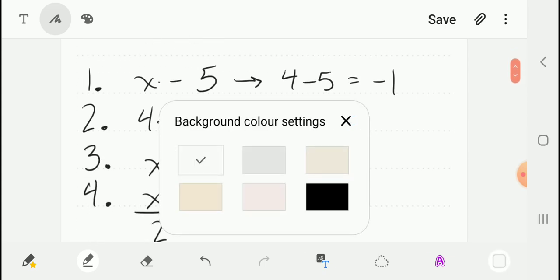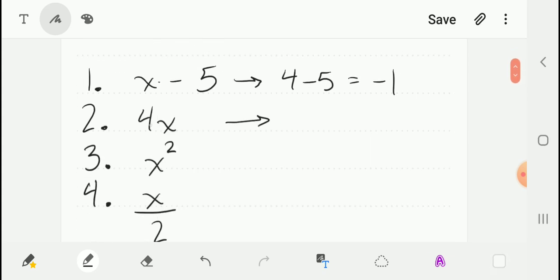This one, 4x means 4 times x, so instead of 4x, we're going to put 4 times 4, which is 16. So this 4 here replaced our x. 4x is the same thing as 4 times x, but 4x is shorter to write.